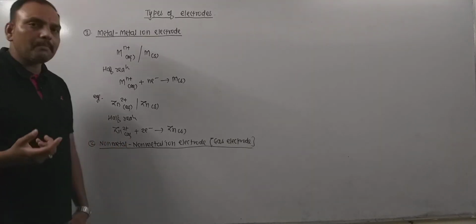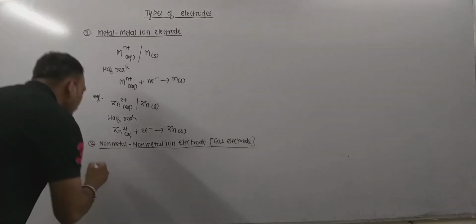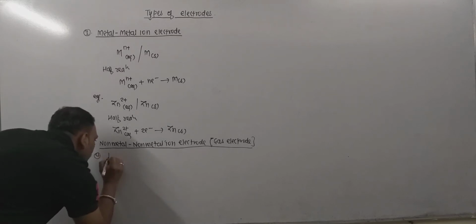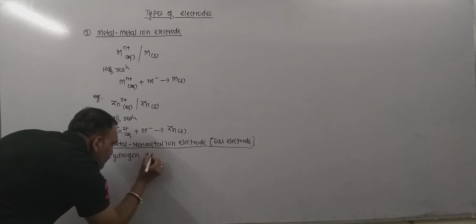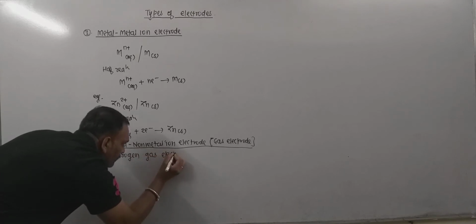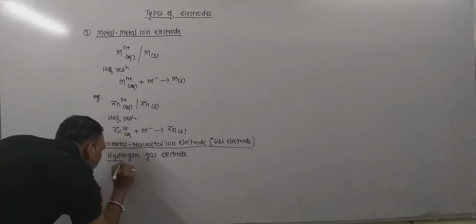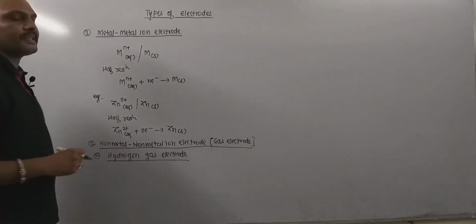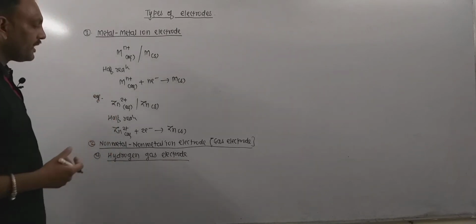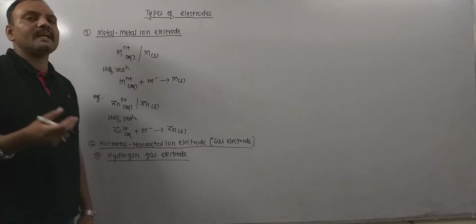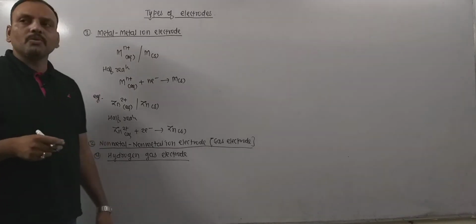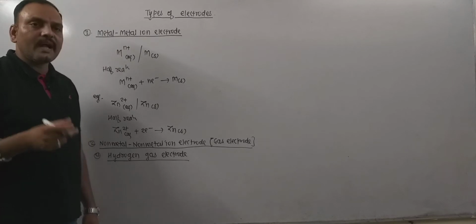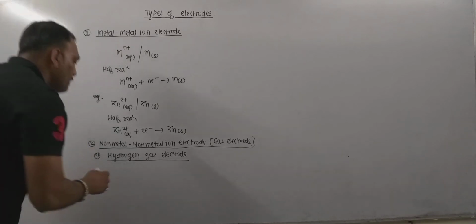So, a number of examples of this type can be given. The very first example is the hydrogen gas electrode. Now, what is the hydrogen gas electrode exactly? In this type of electrode, platinum is used as an inert, and it is immersed in a solution of H+ ions, and hydrogen gas is bubbled in that.